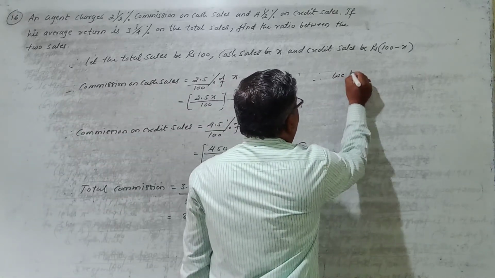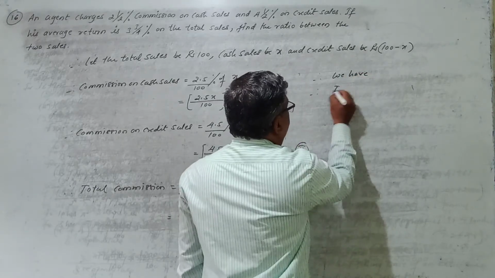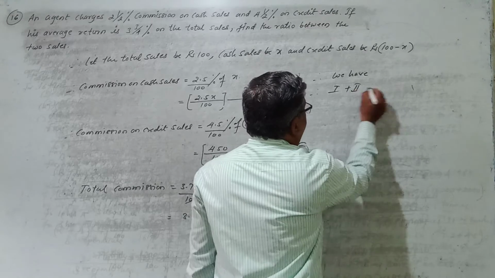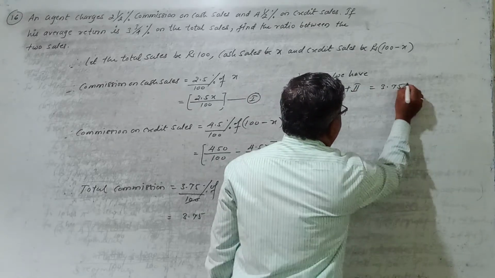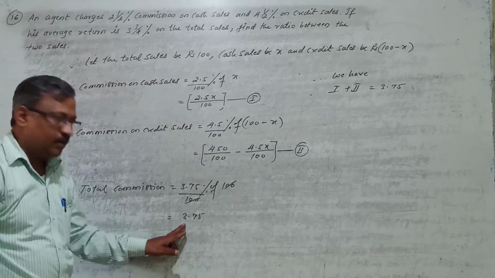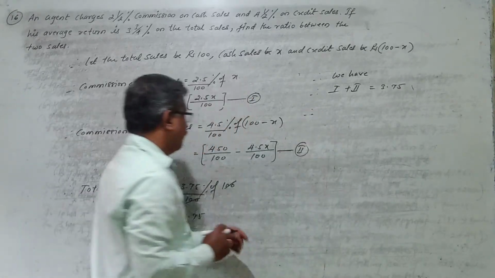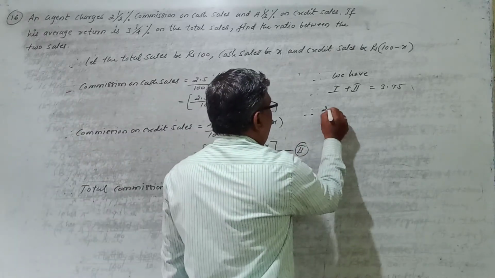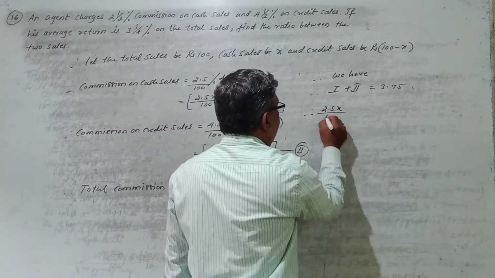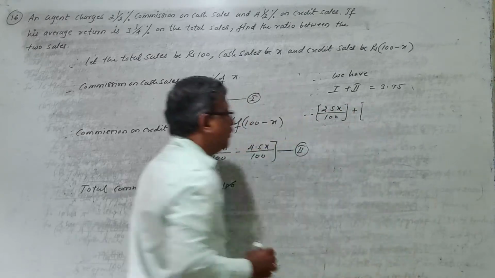So here you write, therefore we have our equation: first equation plus second equation equals 3.75, that is total commission. So what is my first equation here? It is 2.5x divided by 100, plus my second equation.